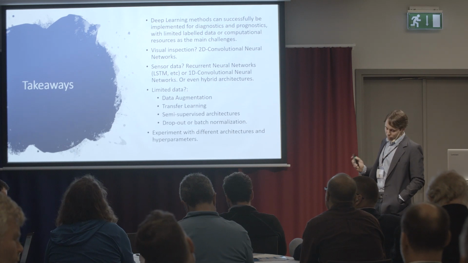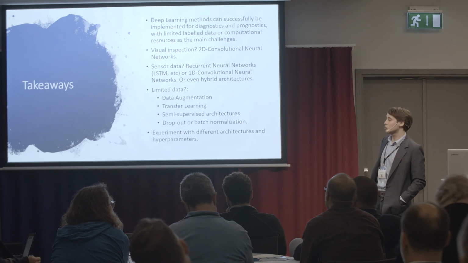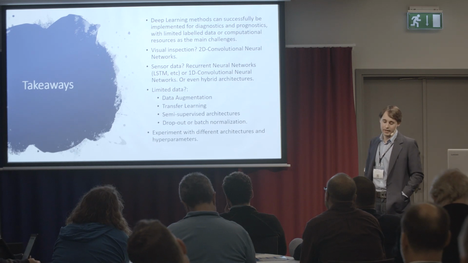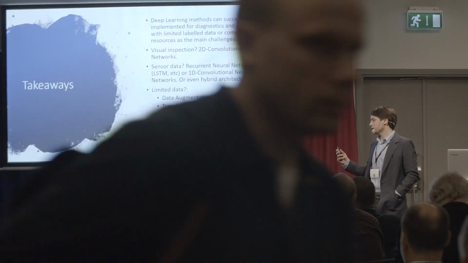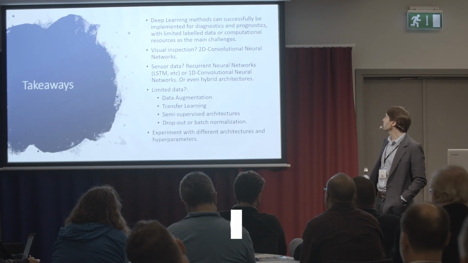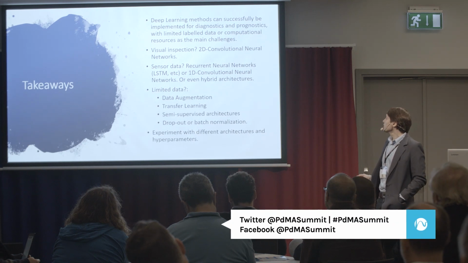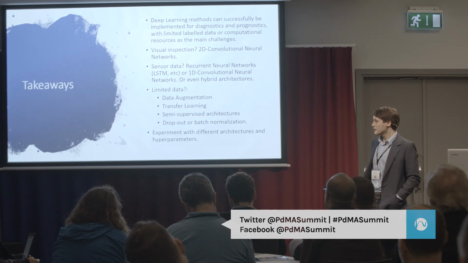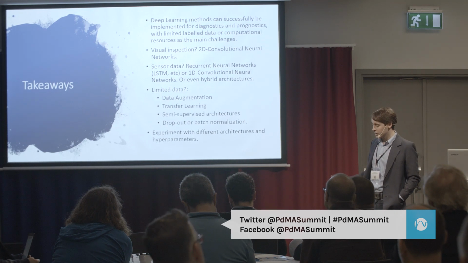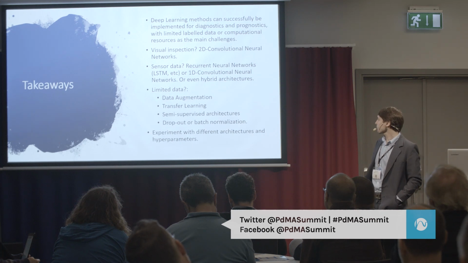For visual inspection, you can use two-dimensional convolutional neural networks, and depending on which task you want to do, you can use different models. For sensor data, you can use one-dimensional convolutional neural networks or recurrent neural networks like LSTM, or a combination of both, as we just saw.